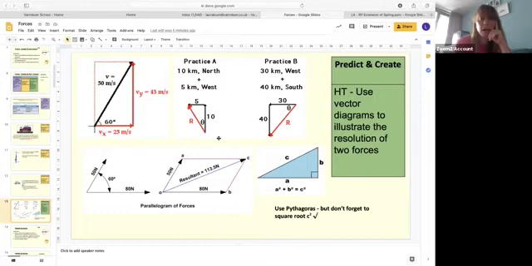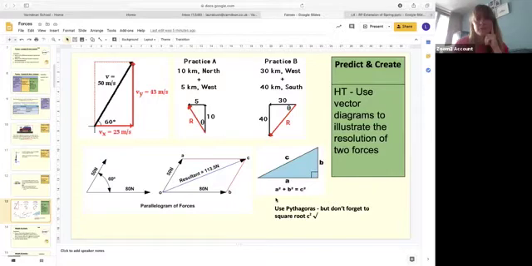But we would suggest that for any force that is right angled, which is 99% of the exam questions that I've seen, where you've got something going one way and something going south, you will always have a right angle.